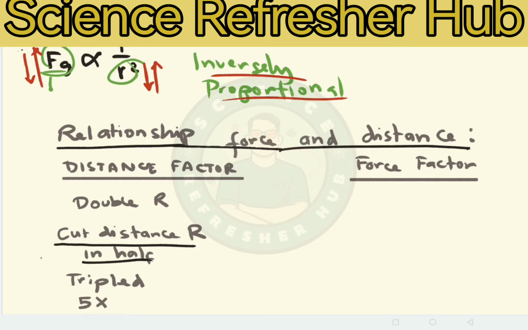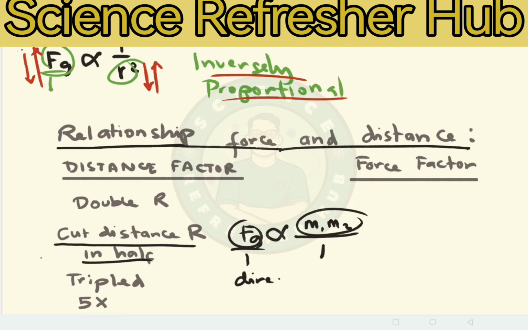And if we try to find the relationship between the force and the mass, if you notice, we have mass 1 and mass 2 in our formula, right? It's numerator and numerator, with an understood over 1 there. So if they are located in numerator and numerator, the relationship will be directly proportional.